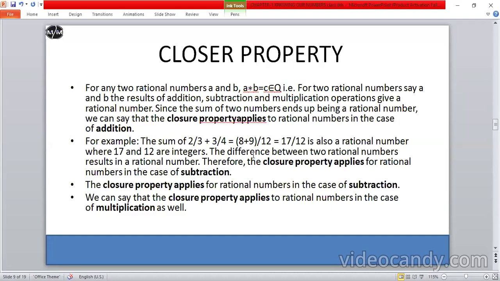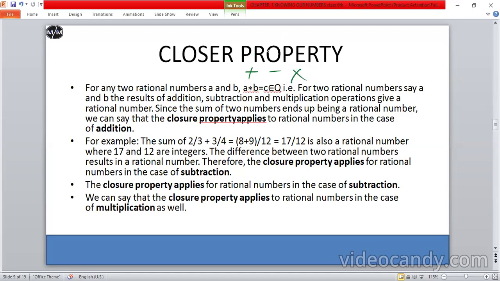For any two rational numbers a and b, a star b is equal to c, which belongs to Q. This means both a and b are rational numbers and their operation, whatever it is between them, like plus, minus, and multiply. Closure property is applicable only for these three, not for division.